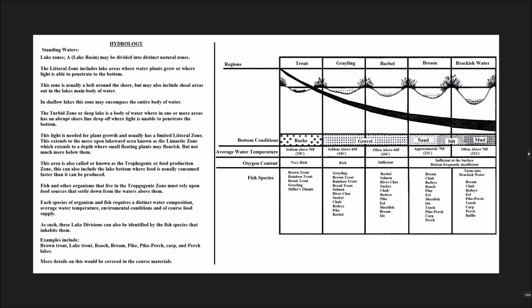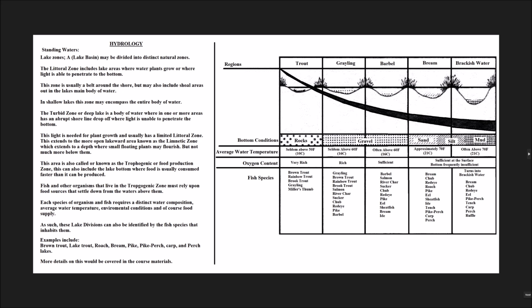The turbid zone, or deep lake, is a body of water where in one or more areas it has an abrupt shoreline drop off where light is unable to penetrate the bottom. This light is needed for plant growth, and such a lake usually has a limited littoral zone.